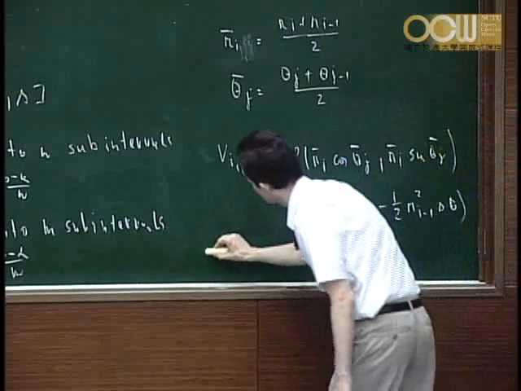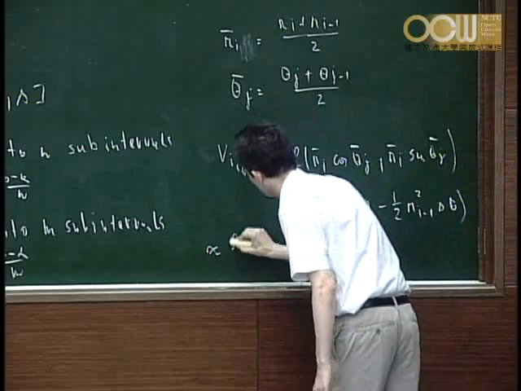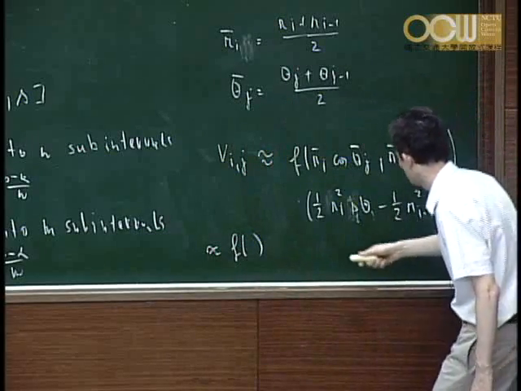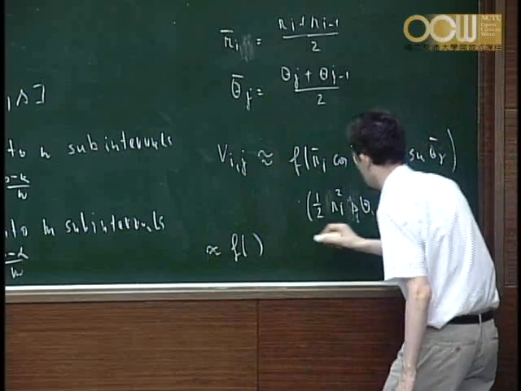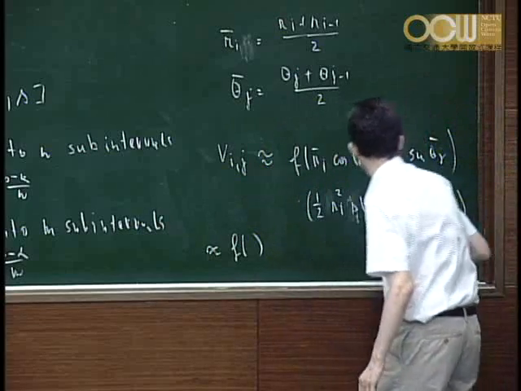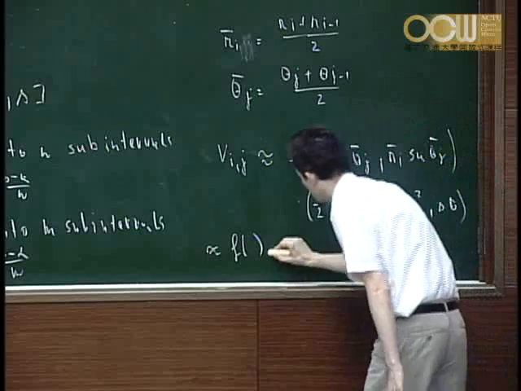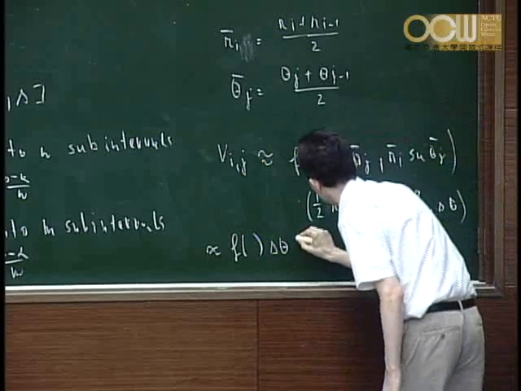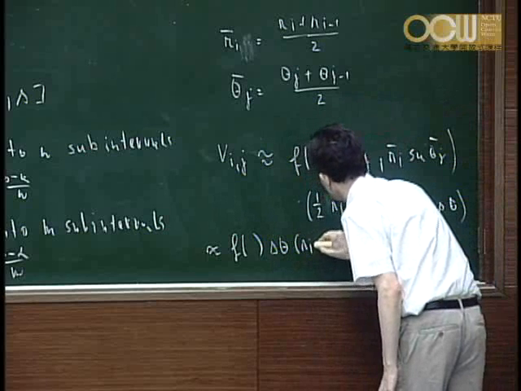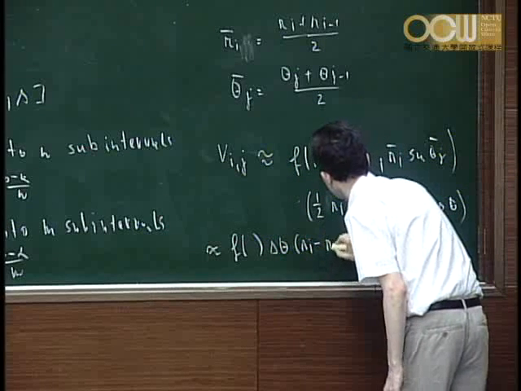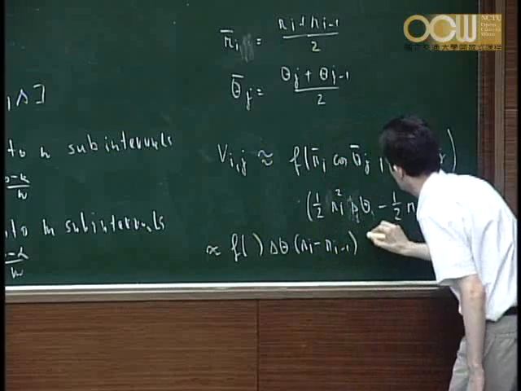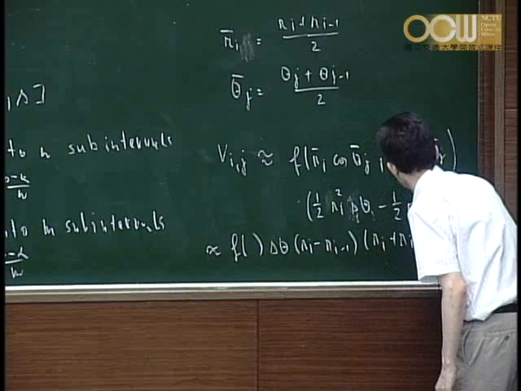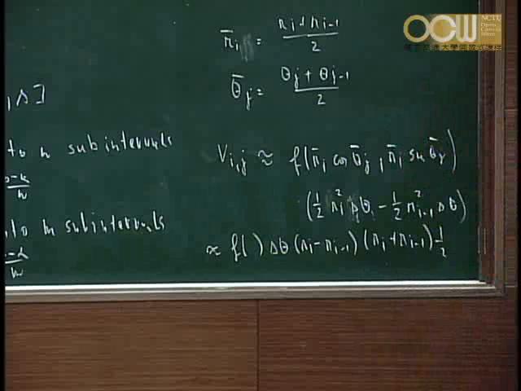Okay, so this is given by our function. I'm not going to write this here, and for this you can take out, so you can write this as, you can take out delta theta. You can take out 1/2, and then you have r_i minus r_{i-1}, and you have times r_i plus r_{i-1}, and everything times 1/2.